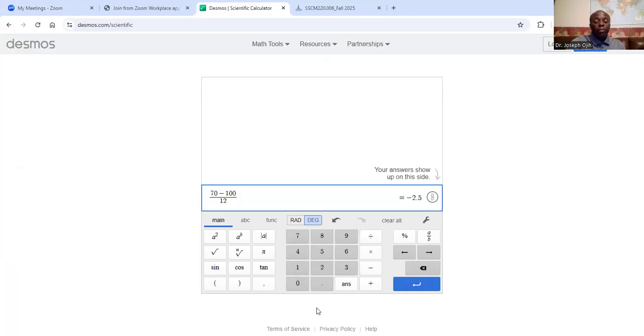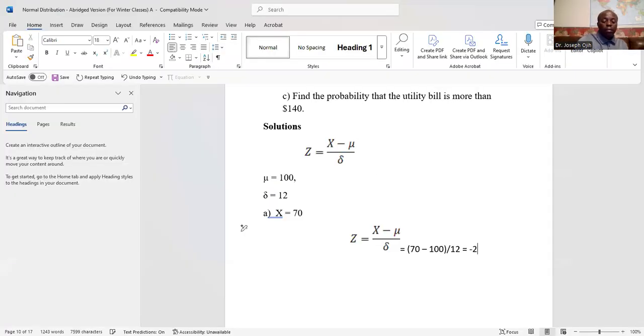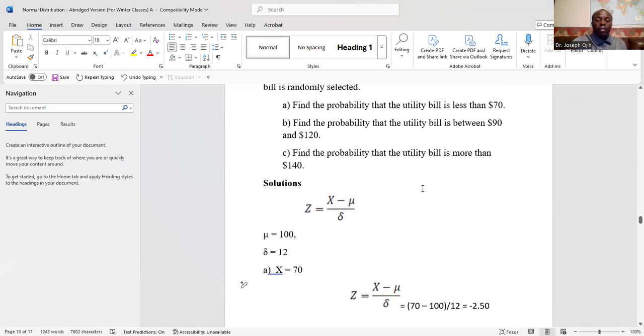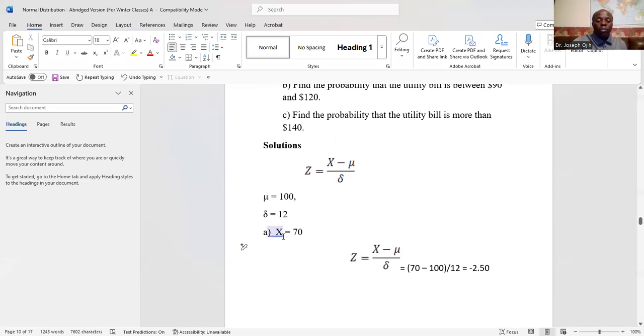Negative 2.50. So it is no longer X, it is now transformed to a Z. It is no longer 70, it is now negative 2.5.